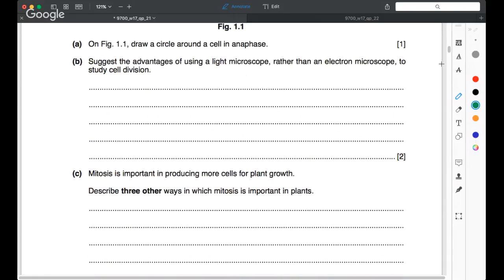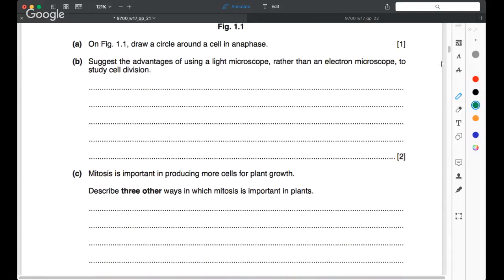One of them is from the fact that you can actually see living cells with a light microscope, and the other one is that therefore you can see the cells going through mitosis. You could pick up the second mark by adding other details, like saying that light microscopy is easier to use. You need less specialist knowledge and expertise.